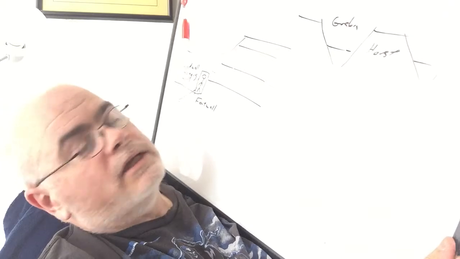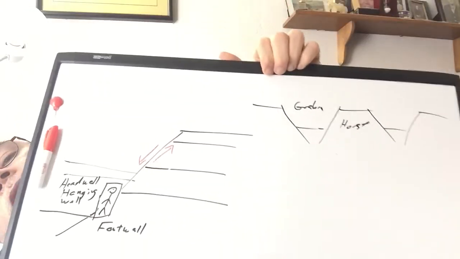We can also see these in those areas where I used the term before, Horst and Graben, where what you see is like this. In certain types of spreading centers, let's get this so you guys can see it.